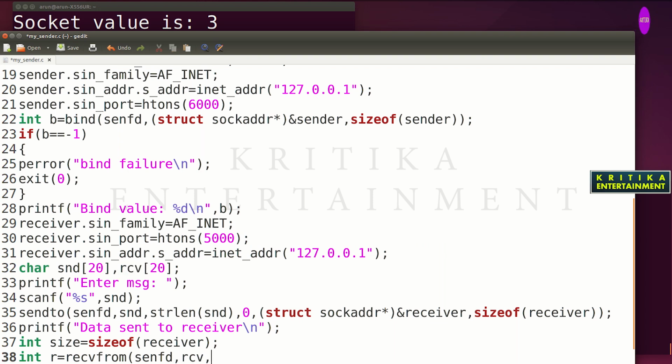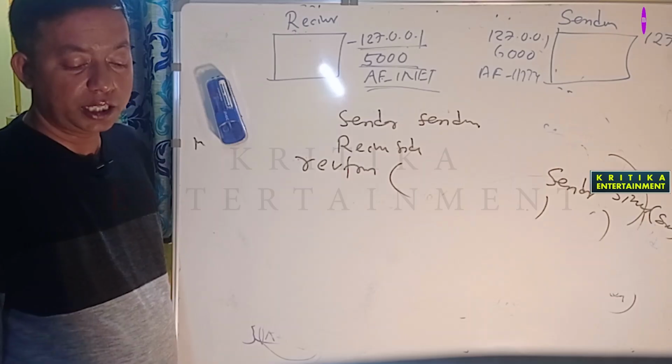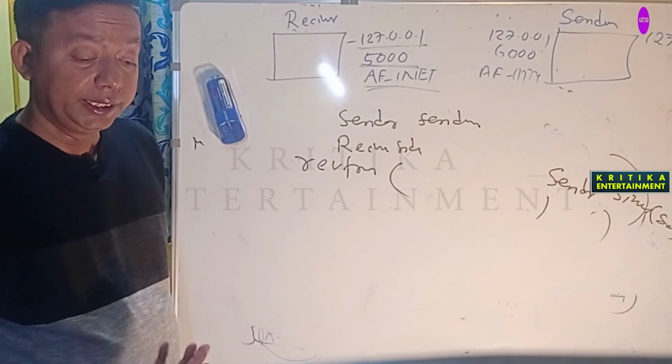Then here pass the sizeof RCB. Okay, then next we will pass the flag 0. Then pass the two arguments, which will return from the sender side.